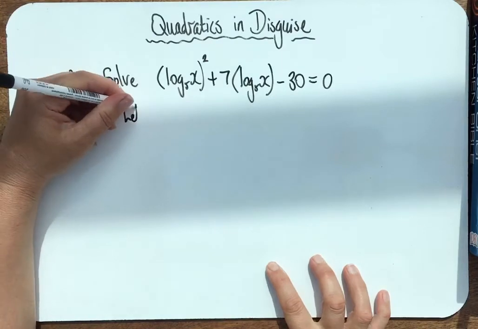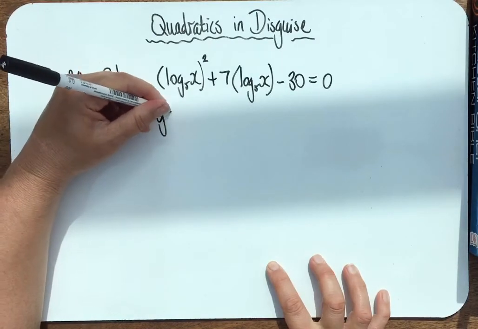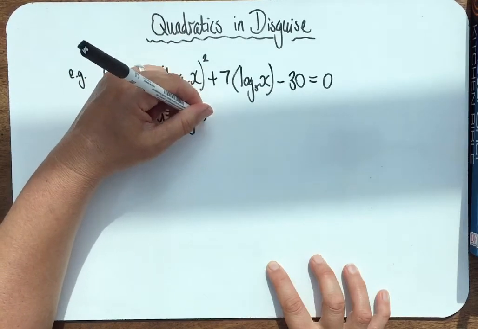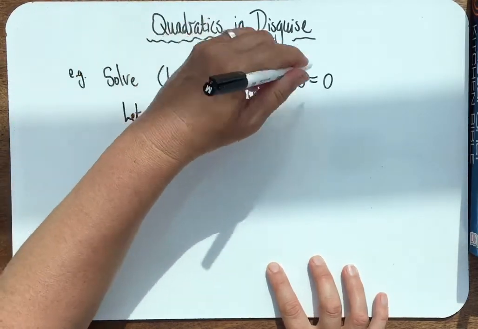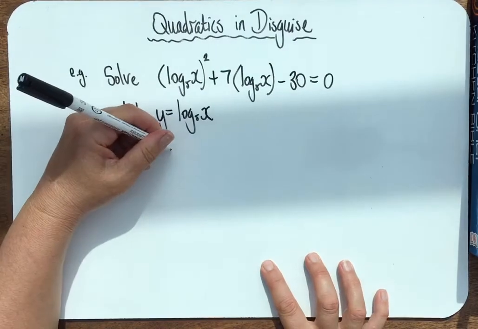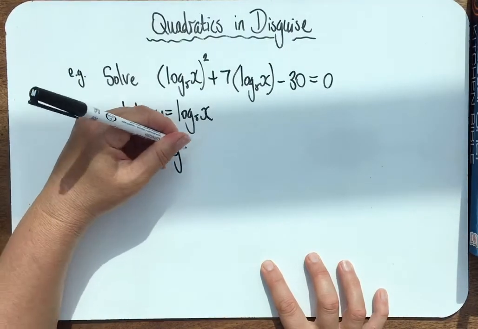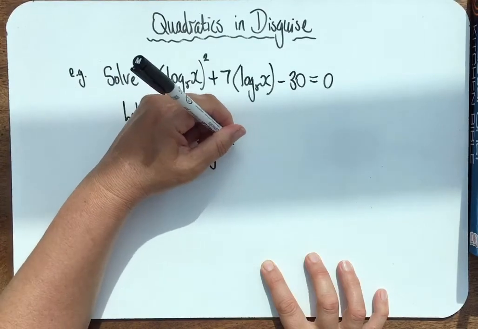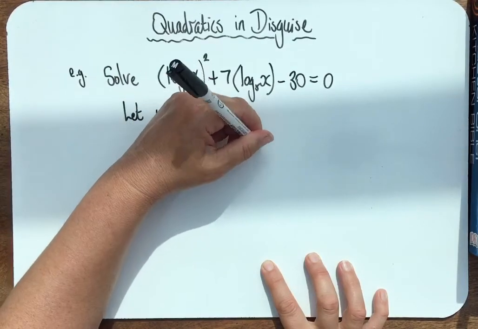If I let y equal log to the 5 of x, you don't have to do this. You could just chuck that into a calculator if you want to. y squared plus 7y minus 30 equals 0.